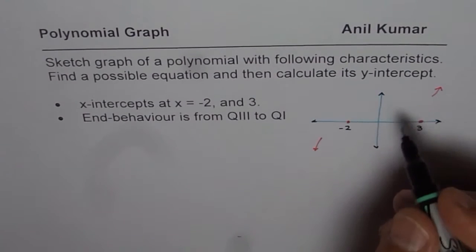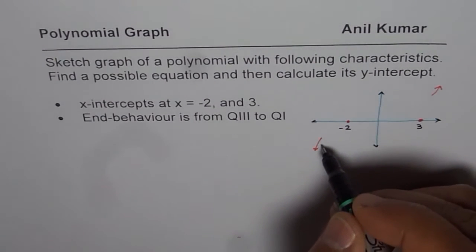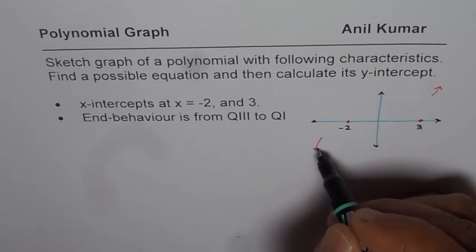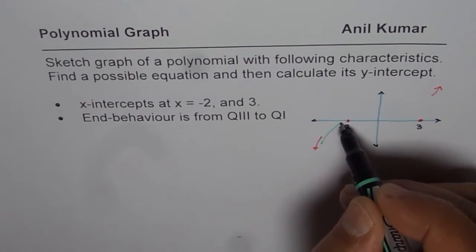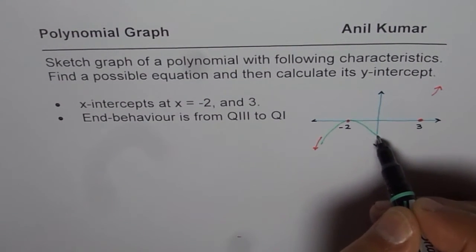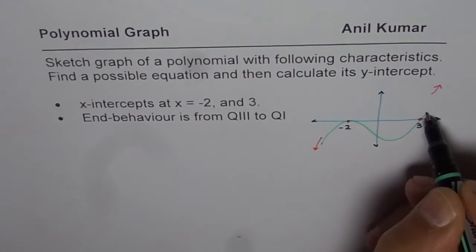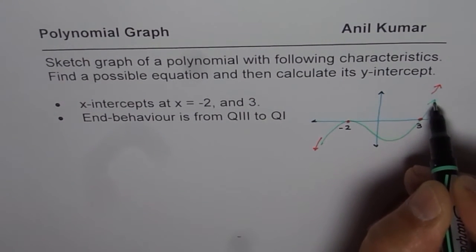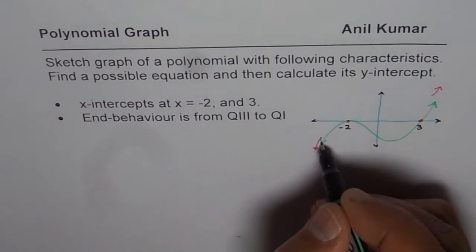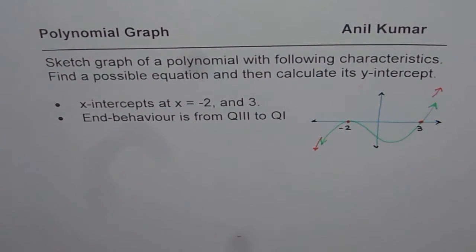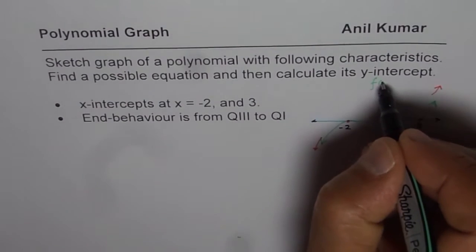The possibilities are, keeping in mind that we have to go from quadrant 3 to 1: we'll start from here and we could turn, and then we could go like this. So that could be a polynomial graph. Do you see? A continuous graph going through both these intercepts. Now if that is my graph, let me call this f of x.